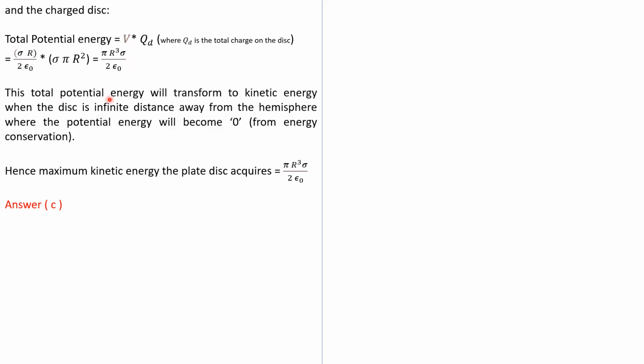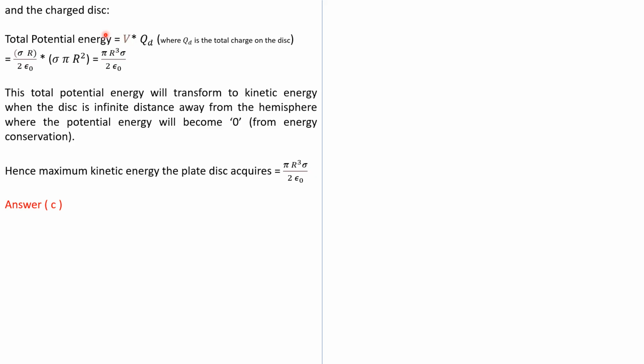So this total potential energy will transform to kinetic energy when the disk is infinite distance away from the hemisphere, where the potential energy will become zero from energy conservation. There is no dissipative force working. So all the potential energy will be transformed to kinetic energy when the disk is infinite distance away from the spherical shell.